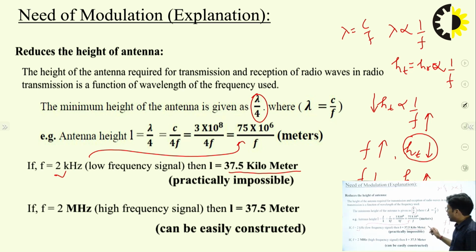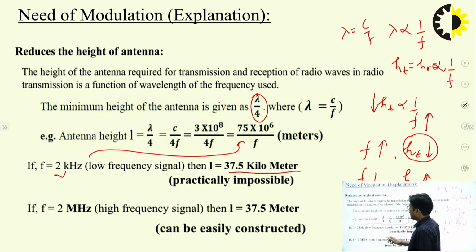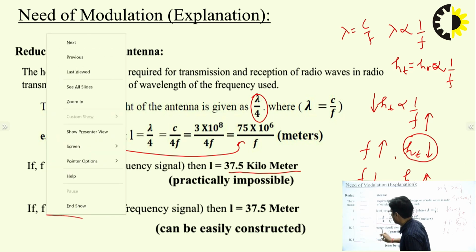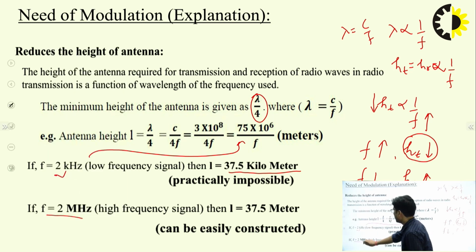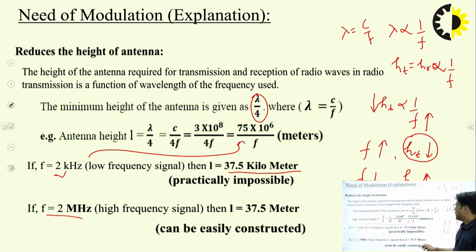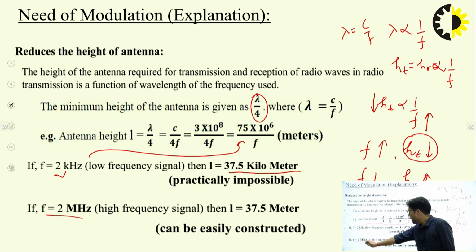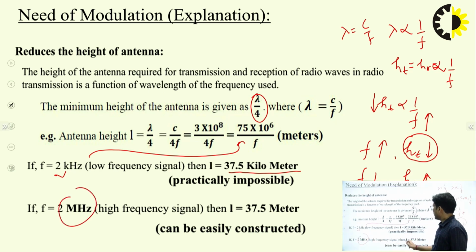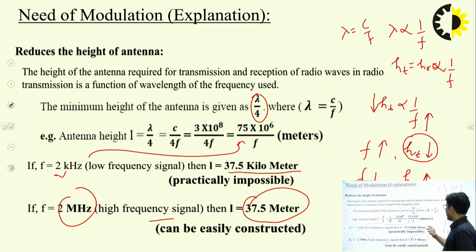Now how can it be reduced? By increasing the frequency. If the signal frequency is 2 megahertz, sorry, 2 megahertz, then the height of the antenna would become 37.5 meter. The earlier one is in kilometer and this one is in meter.